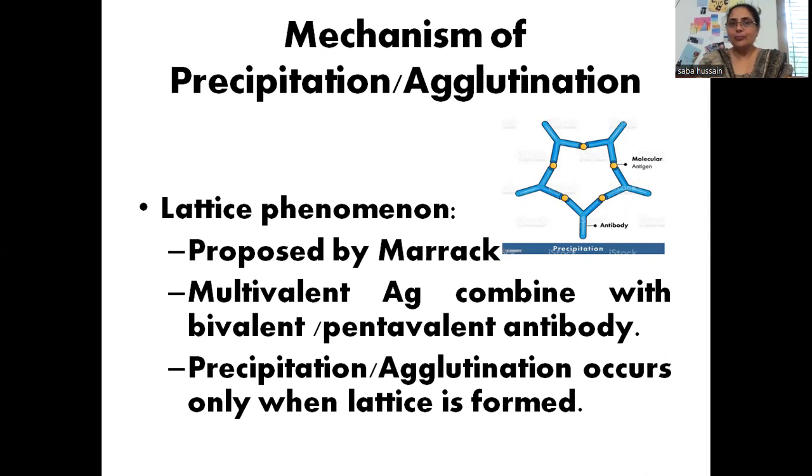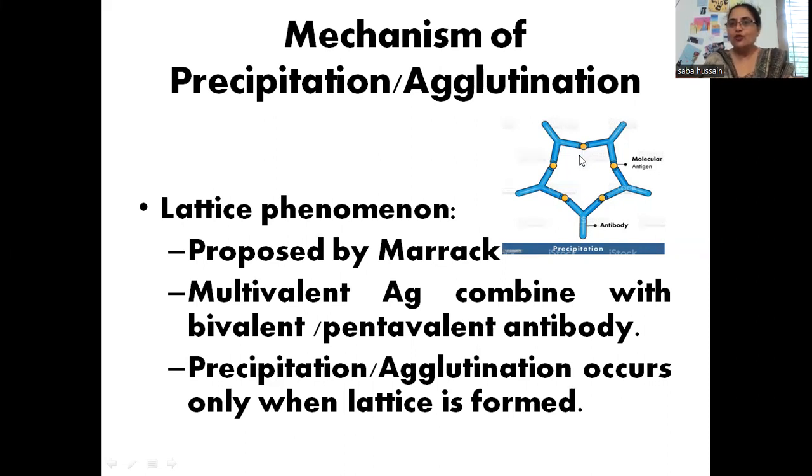What is the mechanism behind precipitation as well as agglutination? Both have the same mechanism, given by Marrack and called the lattice hypothesis. A precipitate is formed when quantities of antigen and antibodies are equal. Then they form a lattice-like structure. As you can see, this is the Y-shaped antibody combining with antigen, while the antigen is multivalent and has many epitopes, because epitopes and paratopes combine together.